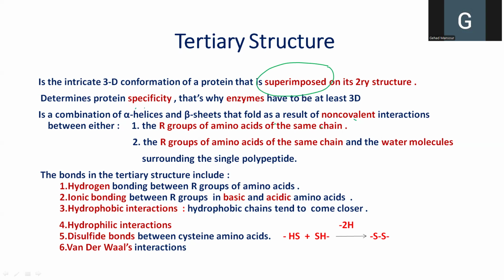The tertiary structure, as we said before, gives the enzyme its specificity. Why does it give the enzyme its specificity? Because it allows the enzyme to be in a three-dimensional shape, and therefore you might have depressions on the surface, and therefore you might have active sites on the surface of the enzyme, and the substrate might come here.